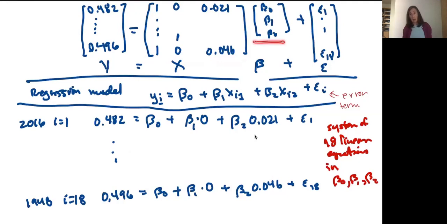We have a vector of coefficients that are important in our theory. These are usually the things that the hypotheses we're trying to test are about. And we're also mindful of the fact that in each of these 18 years, there's going to be some aspect of the popular vote that isn't explained by our model.